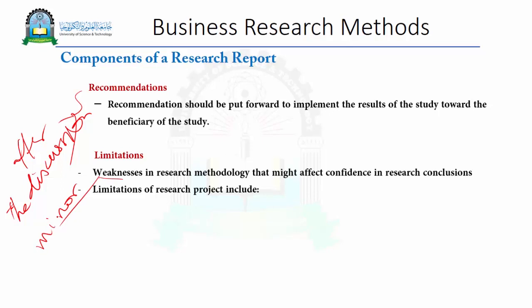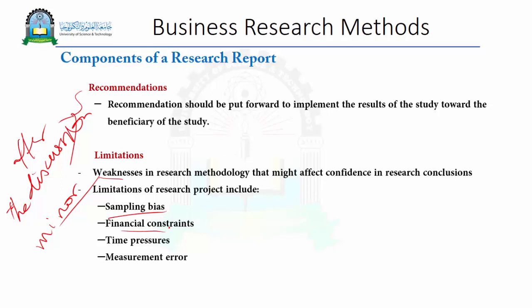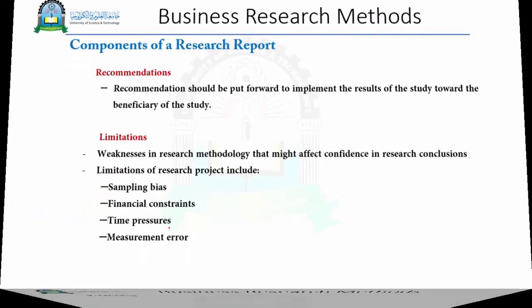So the researcher couldn't finish this or do this because of some constraints, like limitation of research, like sampling bias, for example, like financial constraints, and also time pressure and the measurement error, which we cannot guarantee, especially when it's a questionnaire to be distributed to the sample or the respondents, and we cannot guarantee 100% the accuracy of it.